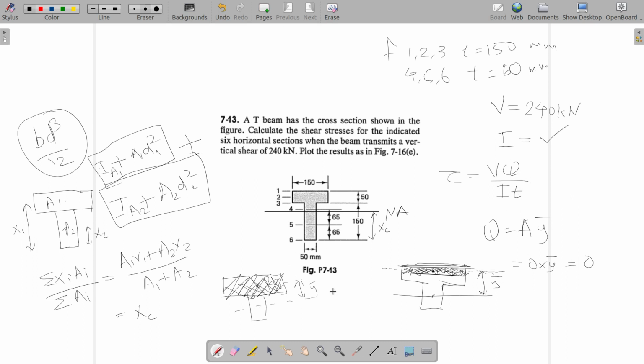Similarly for 5 and 6. For 5, it is somewhere here, so this will be the area you need to consider.